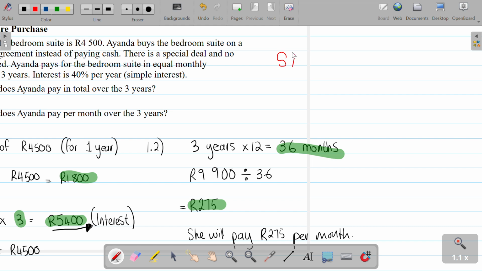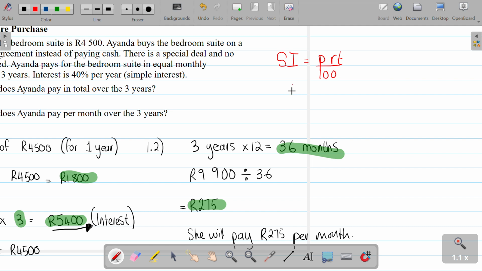Simple interest is equal to PRT over 100. Sorry, that is a little bit skew, let me just write it a bit better. So simple interest is equal to PRT over 100. And if you use this formula, this would also give you the correct answer.